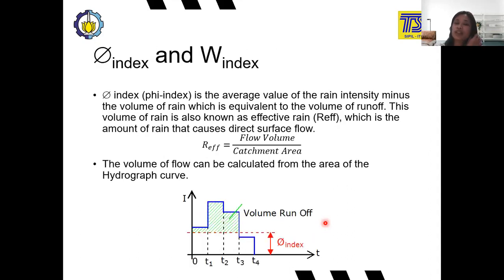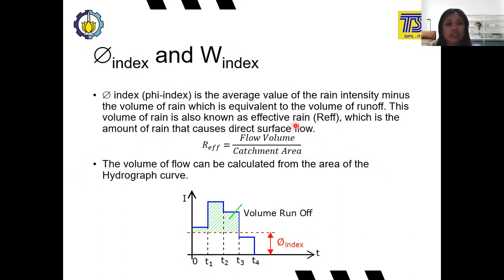For example, here we have the P index and the W index. You can read this as the P index, and this one is the W index. The P index is the average value of the rain intensity at which the volume of rain above it is equivalent to the volume of the runoff.